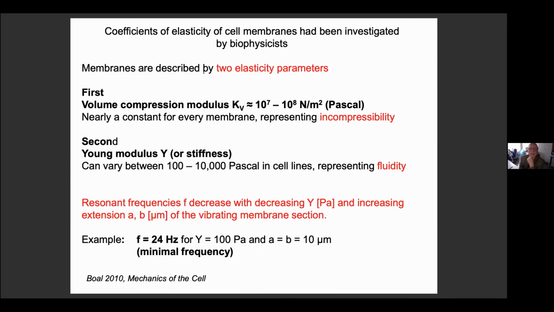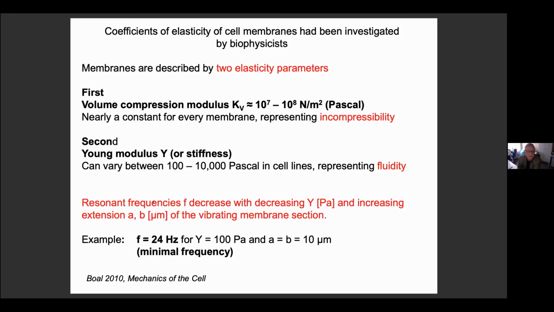We have two elasticity parameters which describe the membrane. The first one is a volume compression modulus, which is nearly a constant for every membrane, which represents the incompressibility of a fluid. But the second, which is much more interesting and relevant, is the Young modulus or stiffness. And this can vary from cell to cell in the range of 100 to 10,000 Pascal, two decades, in various cell lines, and this represents the fluidity of the membrane.